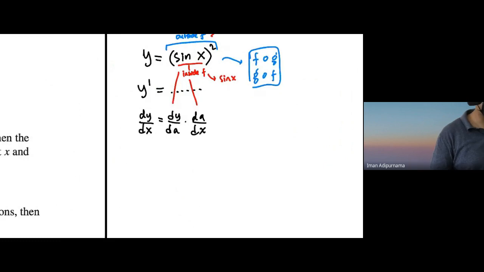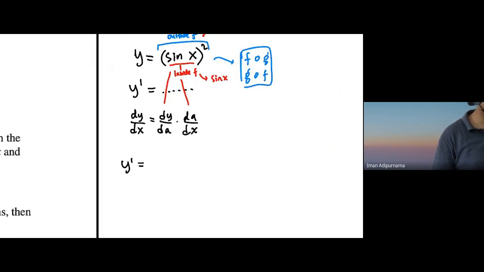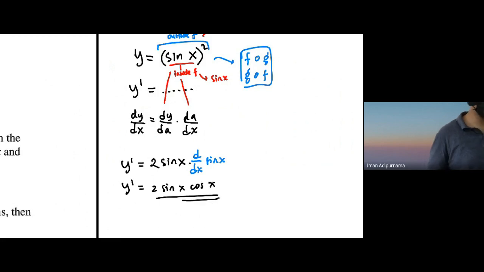So you deal with y prime: you deal with the outside function, which is x squared. It is 2x, but x is actually sine x, so you write it just as it is, and then you multiply with the sine x derivative, or maybe write d dx sine x. So step by step, this becomes this.